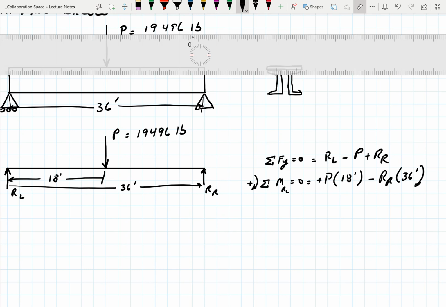Yes. So if you like, you can put it in there or you can leave it blank. Just whatever helps you remember the rotation bit. All right, so we're going to solve for P. P comes over to this side of the equation, and it's equal to RR times 36 feet, divided by 18.